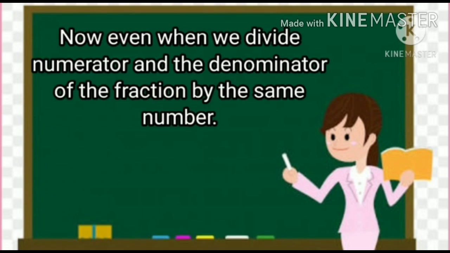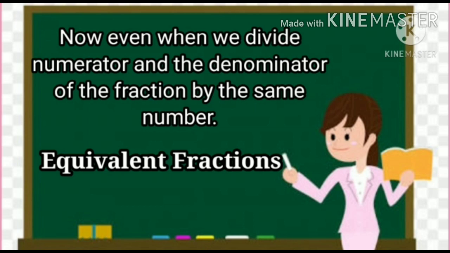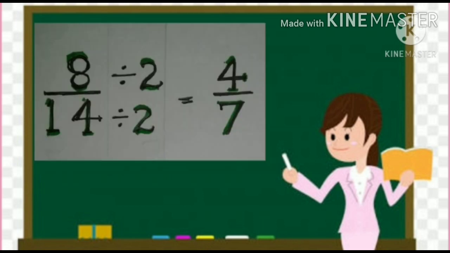Now, even when we divide the numerator and the denominator of a fraction by the same number, we get equivalent fractions. Let us simplify 8 upon 14. We have to divide both the numerator and the denominator by the same number without any remainder.